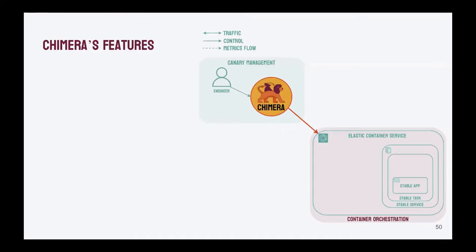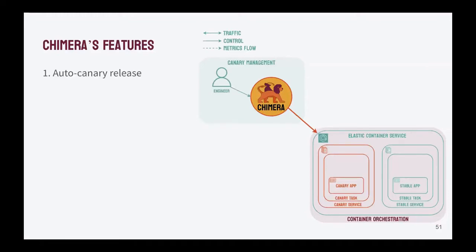Because Chimera automates canary deployments, it automatically deploys canary versions of your service by controlling some of these managerial features of ECS. In particular, when given an updated container image of your service, Chimera instructs ECS to deploy your canary task, which in turn runs your containerized canary app.